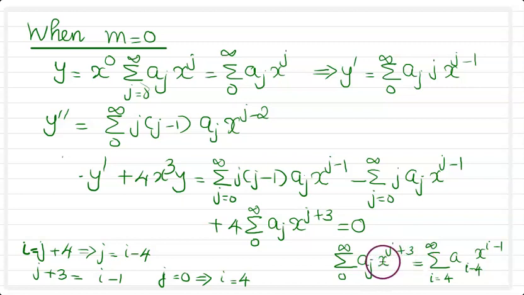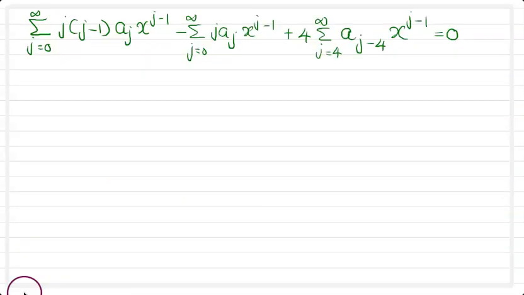So for better comparison, let us change the variable of summation back to j. Then we get the transformation of the third series as summation over j varying from 4 to infinity a j minus 4 x raised to j minus 1. Now let us equate the coefficients of x raised to j minus 1 on both sides.